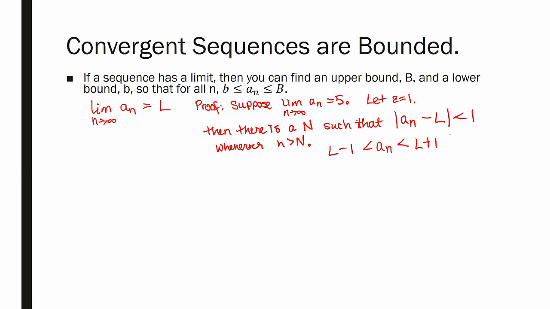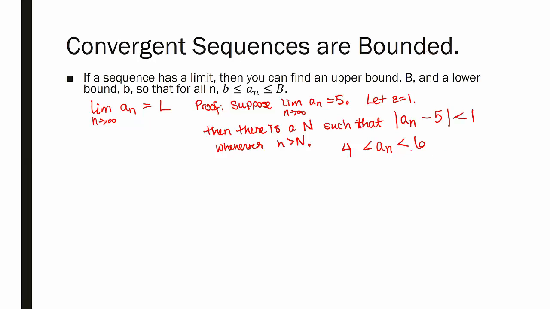And L was 5 in our example, right? So let's make these 5s. I'm really saying that if the closeness is 1, then terms after a certain number in the sequence will be between 4 and 6.